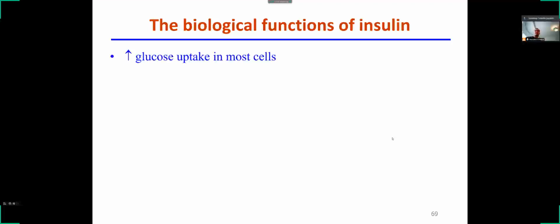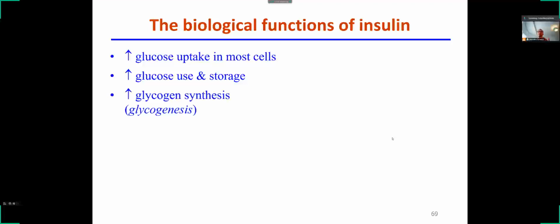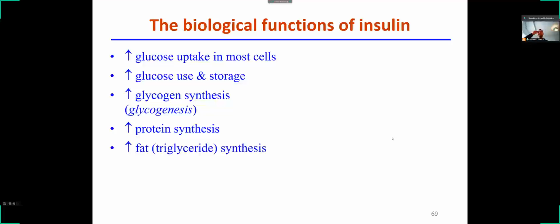This is summarized here. So you have increased uptake of glucose in most cells via alteration of those GLUT transporters, increased glucose use and storage in part by the upregulation of glycolysis, increase in glycogen synthesis, which is your glycogenesis, increase in protein synthesis, increase in fat triglyceride synthesis, and increase in gene expression and growth.